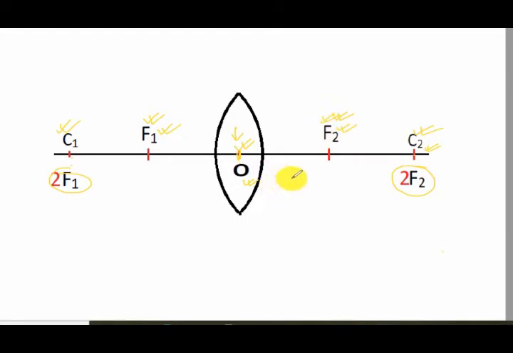Just remember that C1 and C2 are the centers of the spheres which we took to form the lens, and O is the midpoint of the line joining C1 and C2. F1 is the midpoint of the line joining C1 and O. F2 is the midpoint of the line joining O and C2.